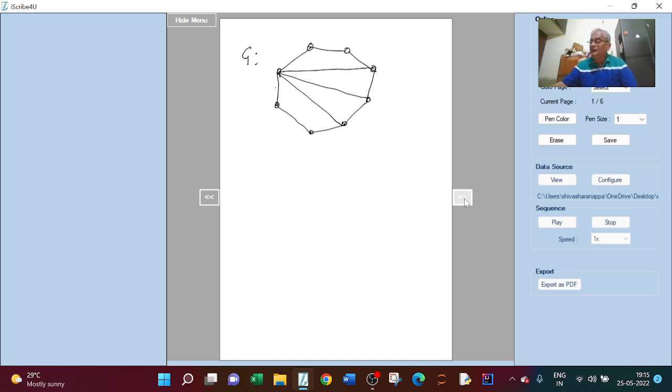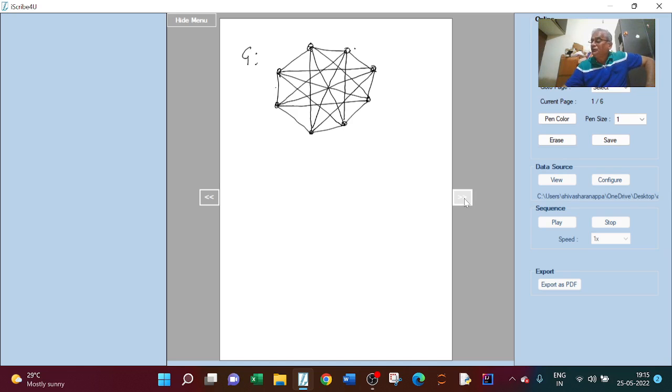Coming to this vertex, leaving this and this, I'll add these edges. Coming to the next vertex, add this edge and this edge. Coming to the next vertex, adding this edge.